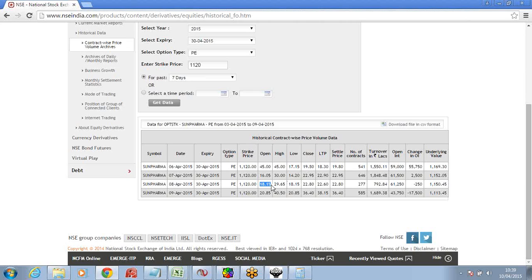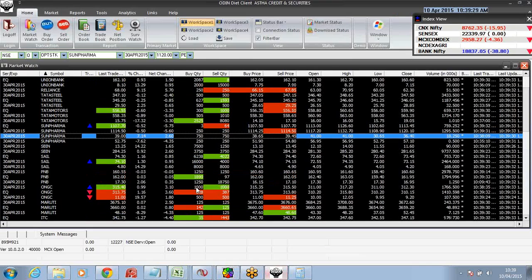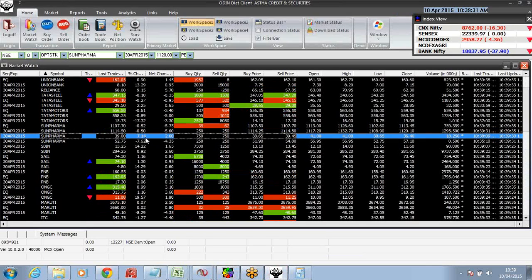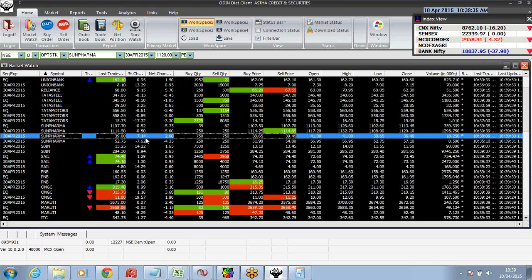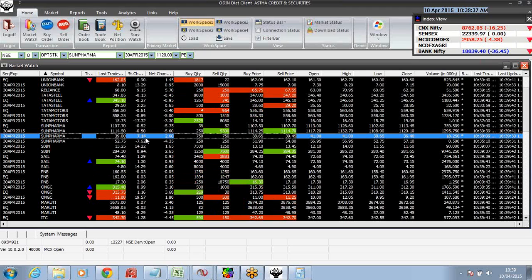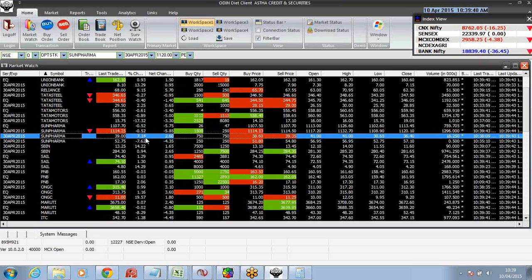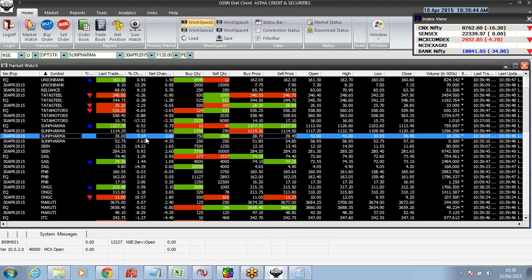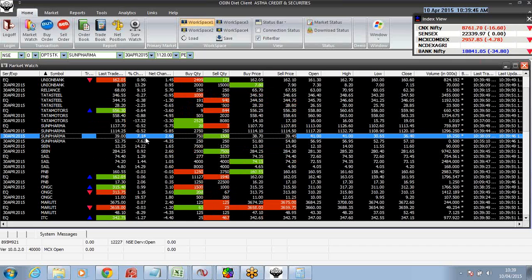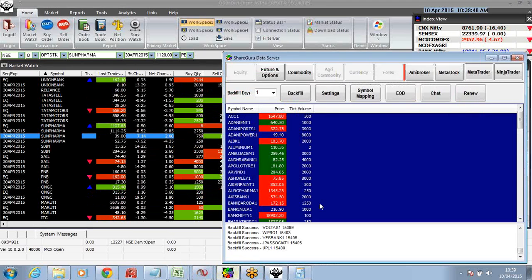Now the same price that I bought at, 18 rupees, has gone up to 39 rupees. So that has actually doubled. So in a single day, your option price has doubled, and you are buying put options since it's a sell call. So it's very simple. So this is how you can trade on options.